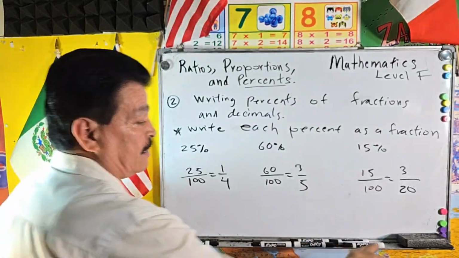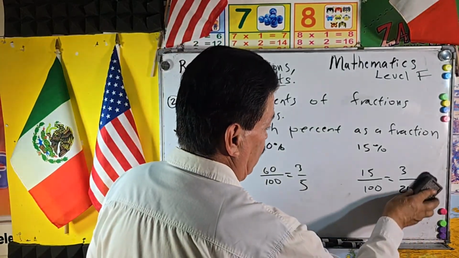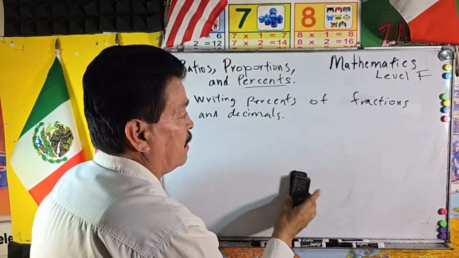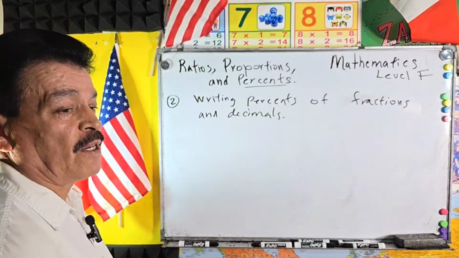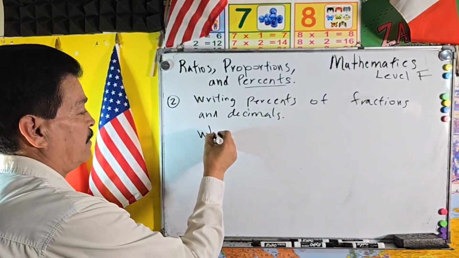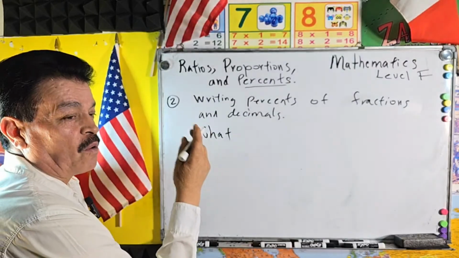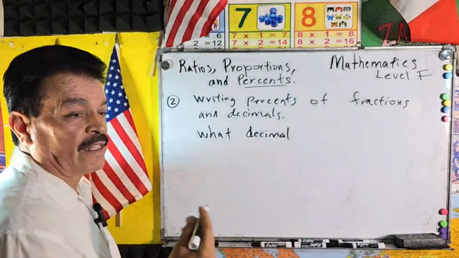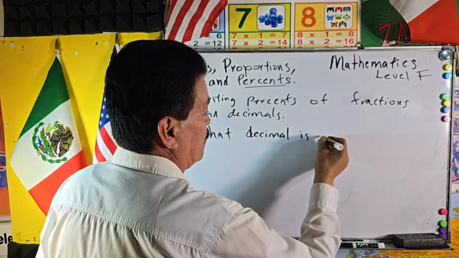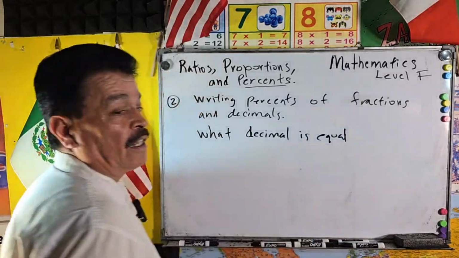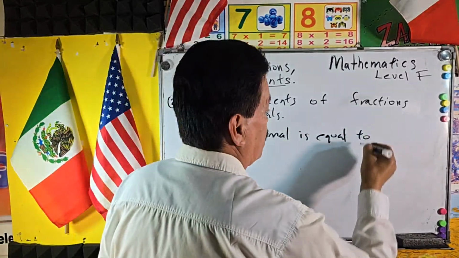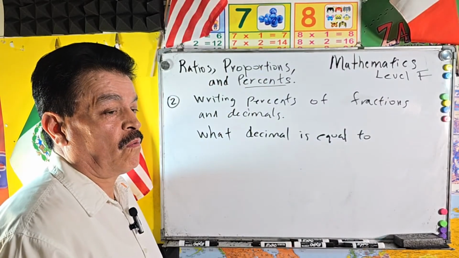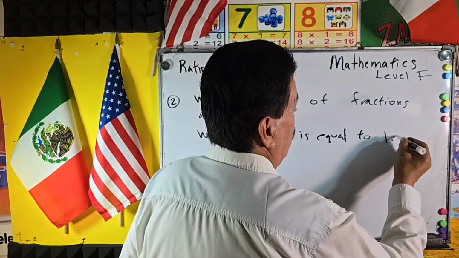So look at this. I will write a question the way it comes in your test. In the test, you will see a question like this: what decimal is equal to 1.7%?